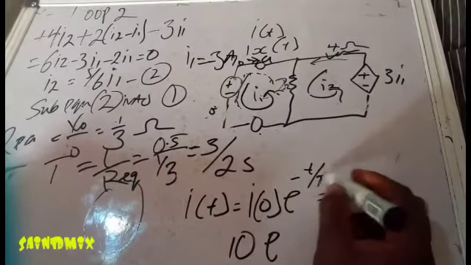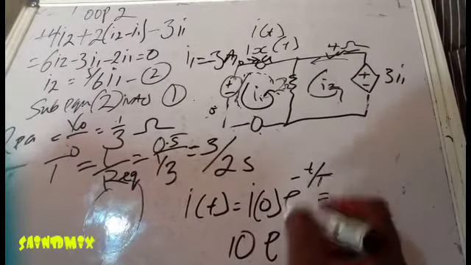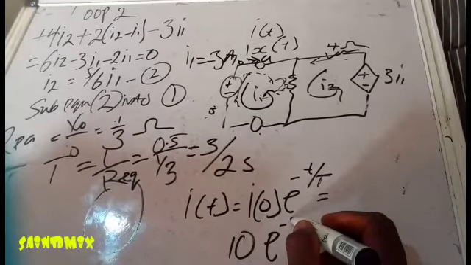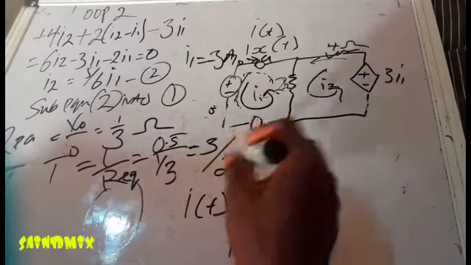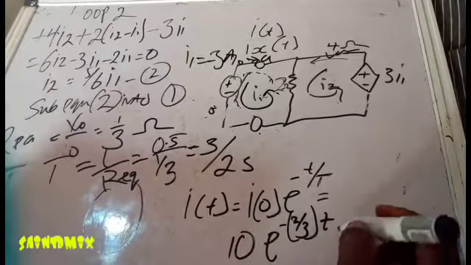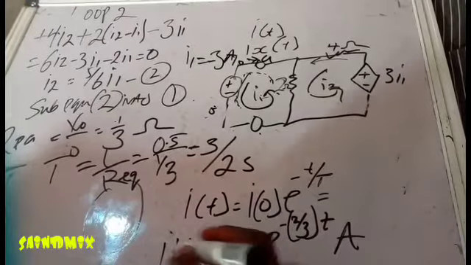But we have our time constant to be 3 over 2. So it's going to be 1 over 3 over 2. When you get the inverse of 3 over 2, it becomes 2 over 3 t, in ampere. So our i(t) is equal to that.